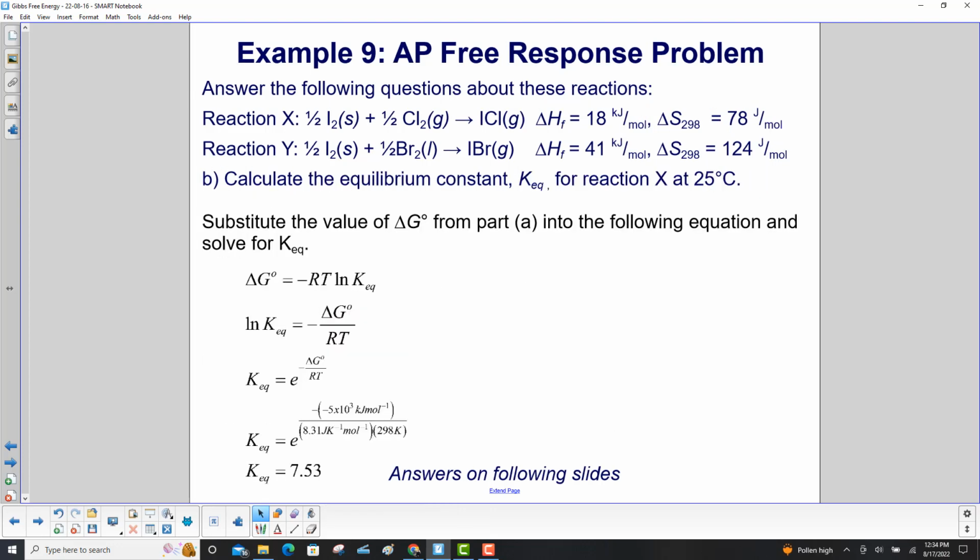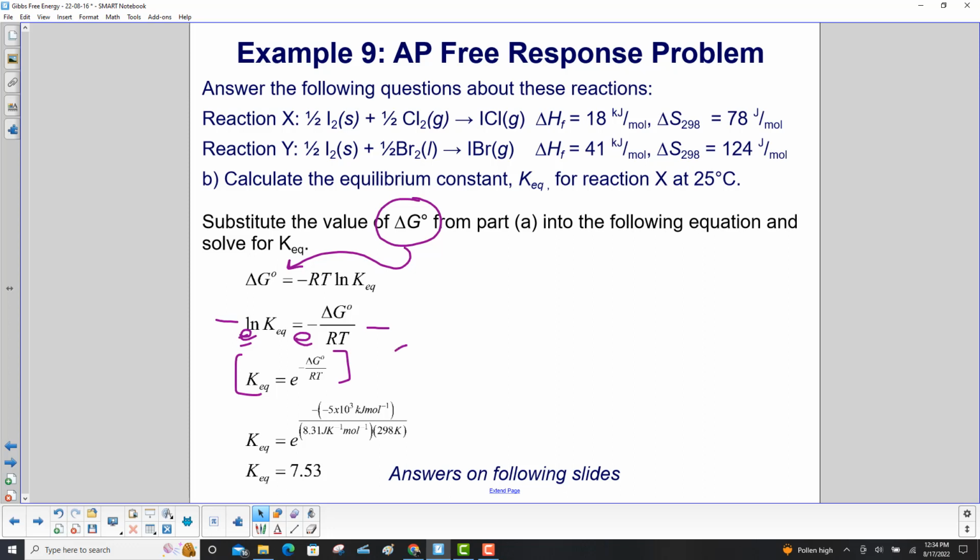Calculate the equilibrium constant for reaction X. We're going to take the value of delta G naught and substitute it into this equation and solve for K equilibrium. So before that, we're going to isolate K equilibrium by dividing both sides by RT, then go e on both sides, and e to the ln just cancels out, and you get K equilibrium is e to the minus delta G naught over RT.